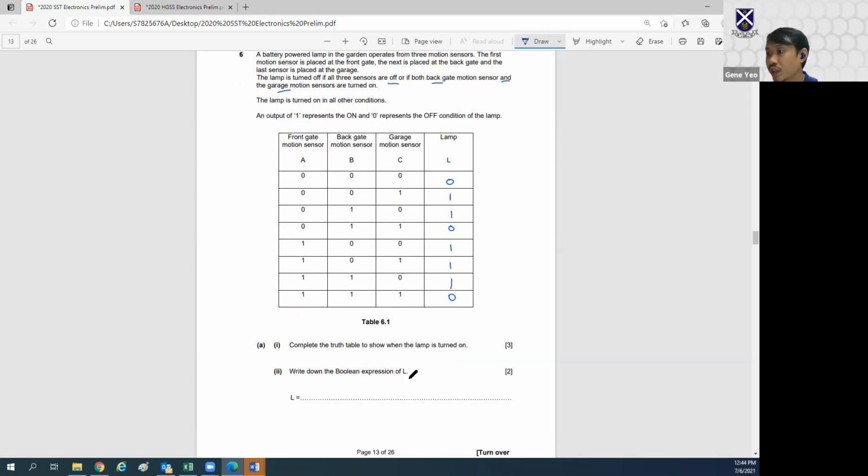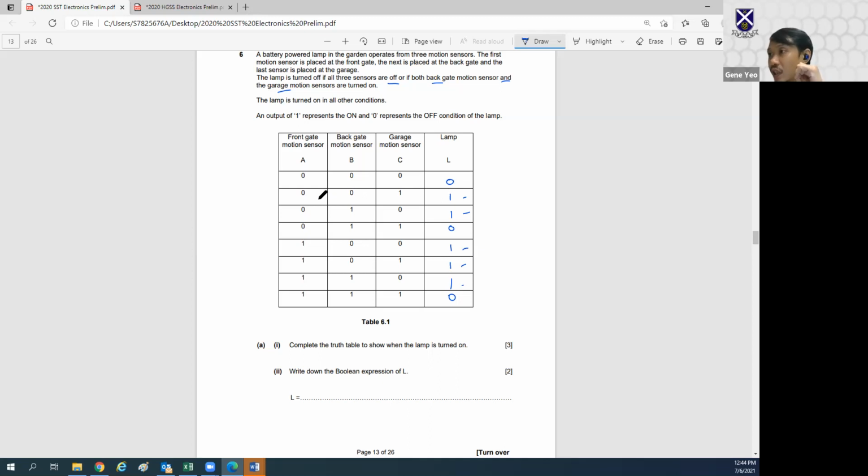Write down the Boolean expression of L. So I've got 1, 2, 3, 4, 5. I'm looking at 5 terms here because there are 5 situations where the lamp is on, so I need 5 expressions. Let's tackle them one by one. Let's look at this situation.